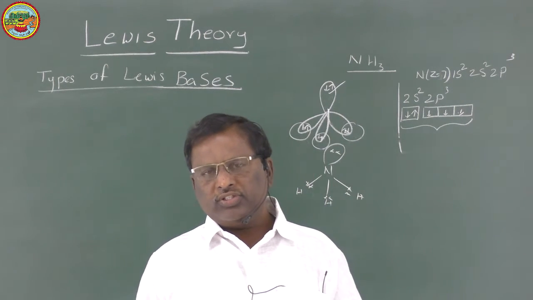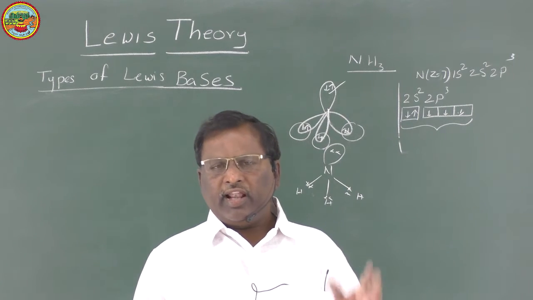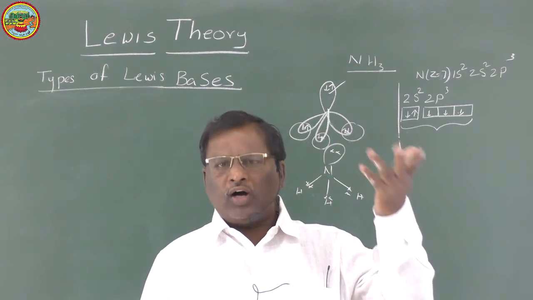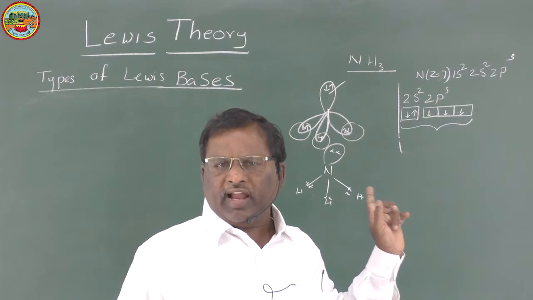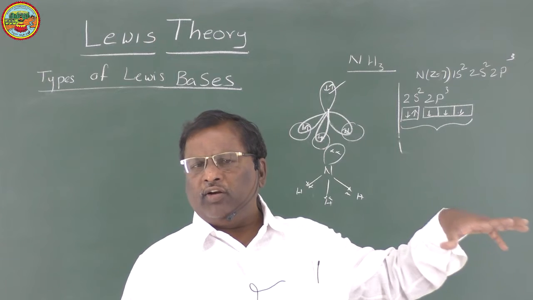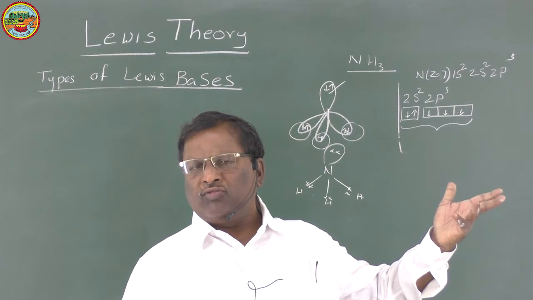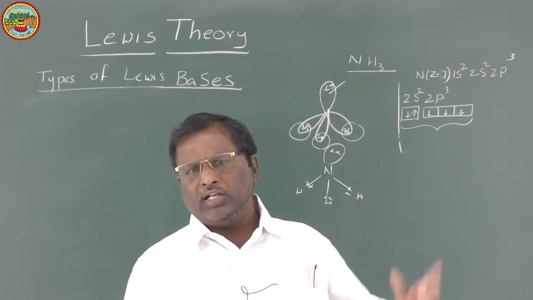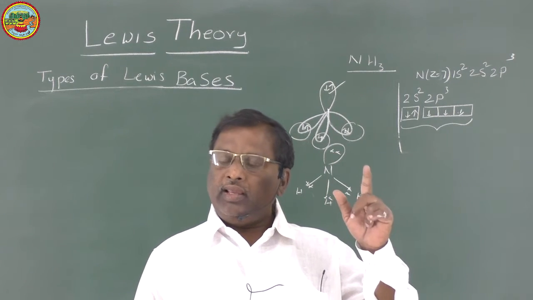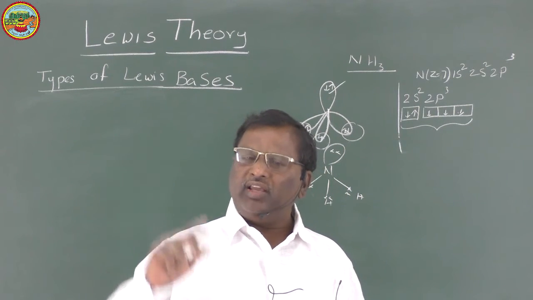Such molecules which have a non-bonding pair of electrons can donate that pair to form a bond. In nitrogen's valence shell we have 4 pairs, 3 pairs are already involved in bonding, and the 4th pair is not involved. So naturally that pair has the intention to form a bond, provided any species has an empty orbital.